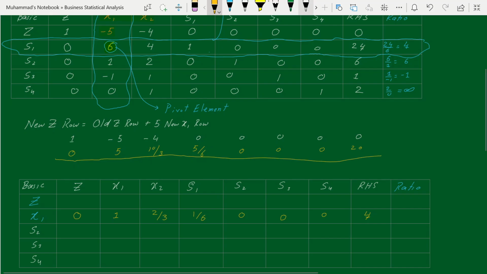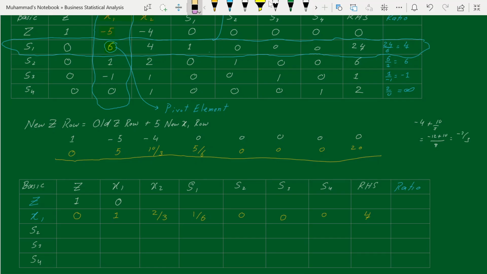Okay, so from here I can write down the new row for z. 1 plus 0, 1. Okay, 5 minus 5 plus 5, 0. Okay, and if we add these numbers and solve it together, for example, -4 plus 10 by 3, so you can solve it, -12 plus 10 divided by 3, which is -2 by 3.